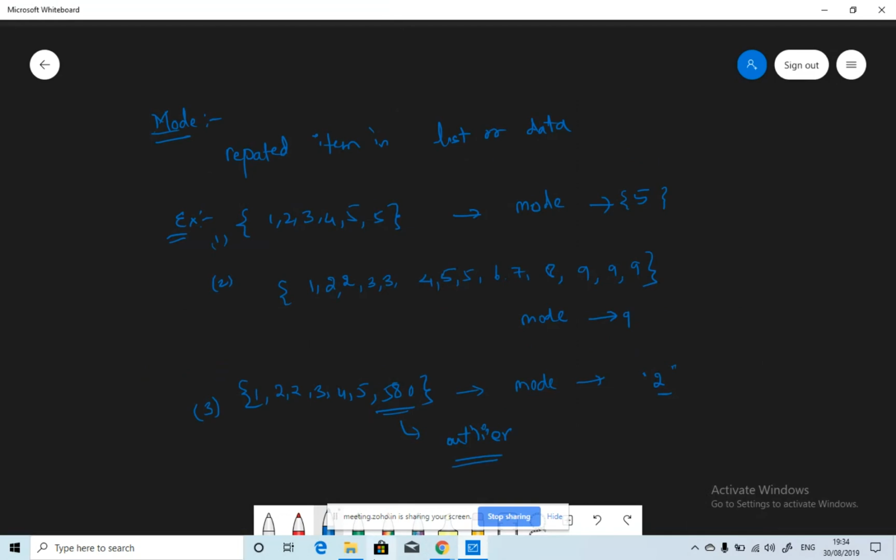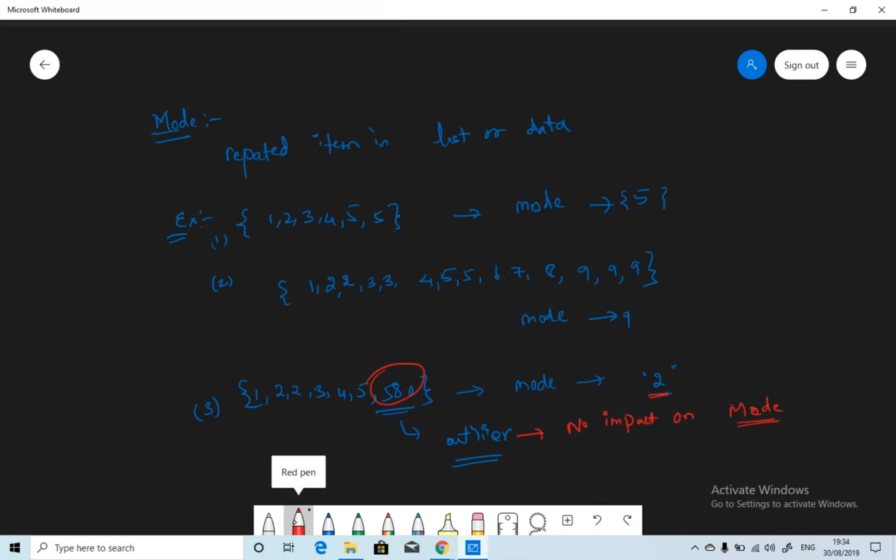The outlier has no impact on mode. The mode value will not be changing because of the outlier value.